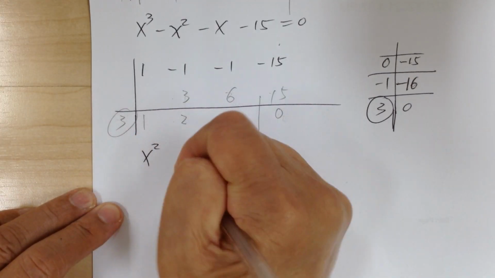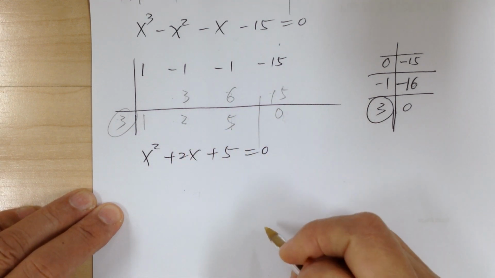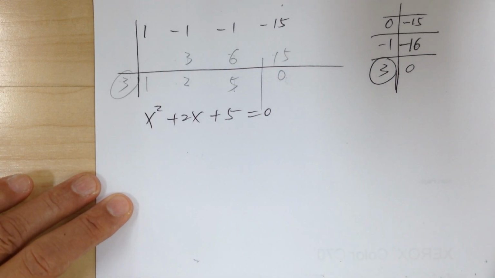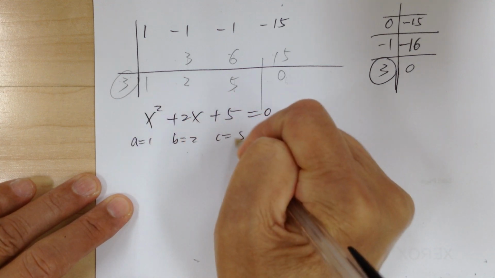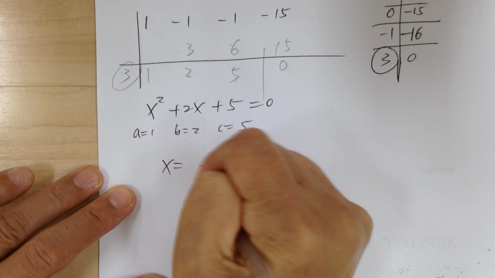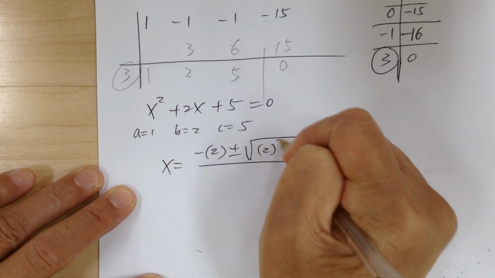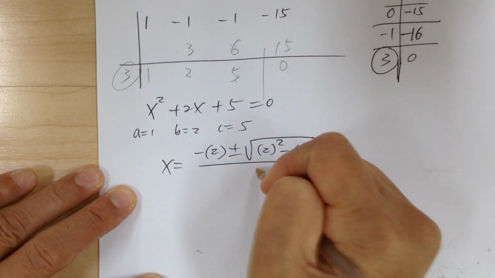So this is x squared plus 2x plus 5 equal to 0. This is not factorable, so you have to use the quadratic formula. So a equals 1, b equals 2, c equals 5. So x equals negative b plus or minus the square root of b squared minus 4ac, over 2a.